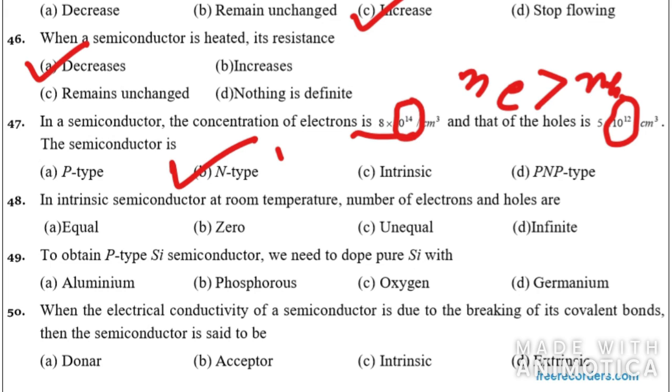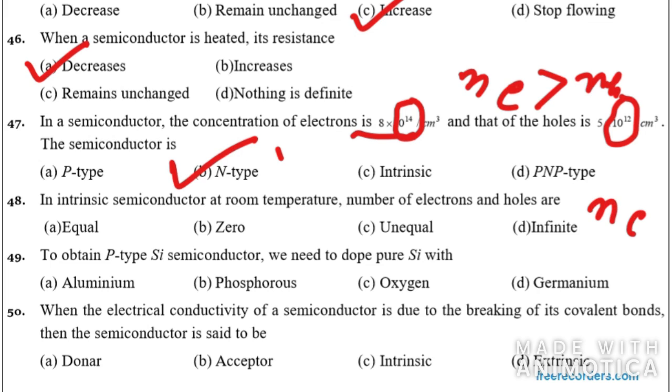Now moving on to the next. In intrinsic semiconductor at room temperature, number of electrons and holes are equal, 0, unequal, or infinite. In intrinsic semiconductor, this is a pure type of semiconductor. So that's why the number of electrons and number of holes are equal.